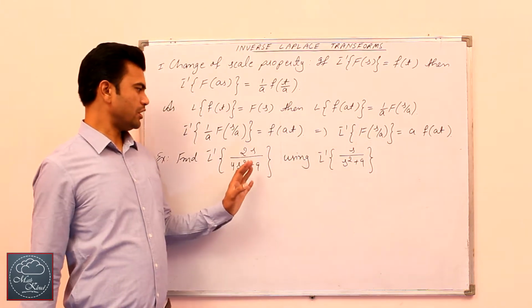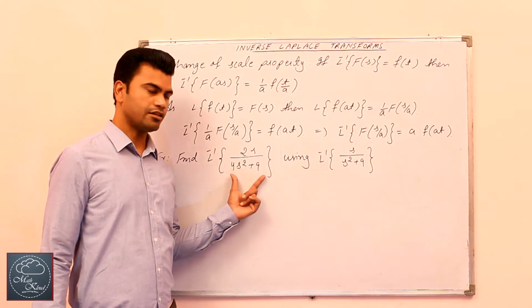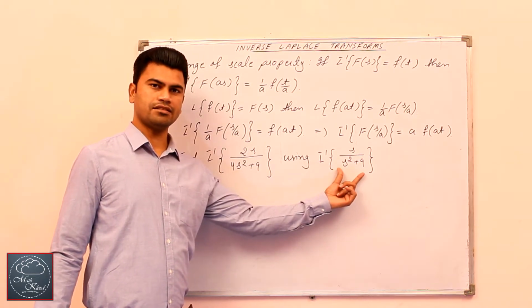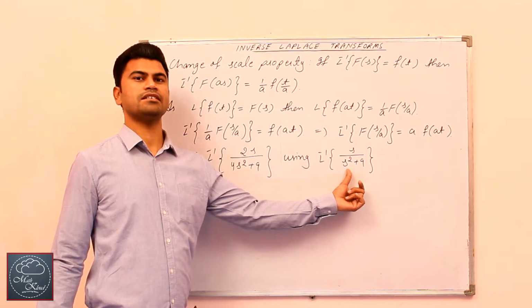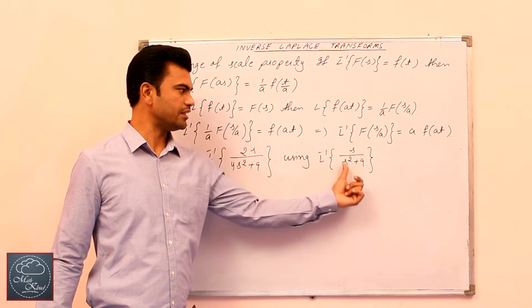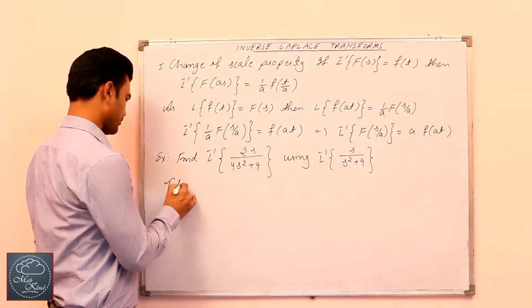So I am going to derive the inverse Laplace transform of this function from the inverse Laplace transform of the function s over s square plus 9. I am taking this function as my F(s).